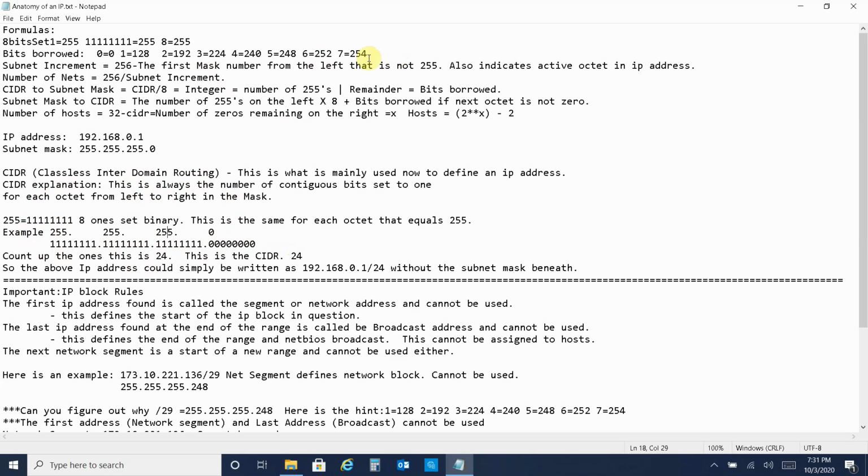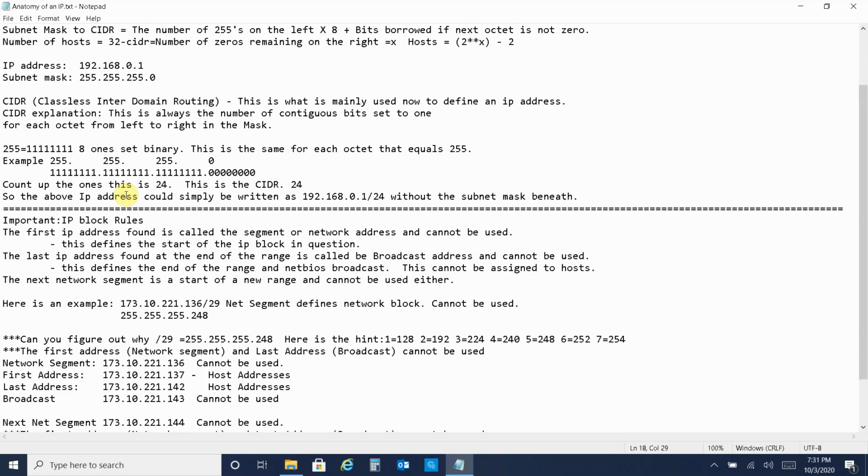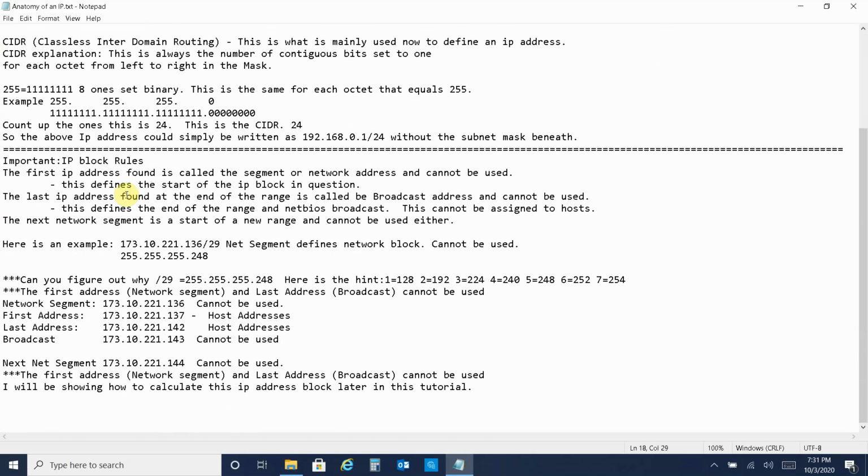So this is why this is so important. And the rest of these will come into play as we go through this. Now, you've got some block rules we have to understand. I hope I left that up there long enough for you guys to get a snapshot. The first IP address that you use is going to be the segment or network address, and it cannot be used for hosting.